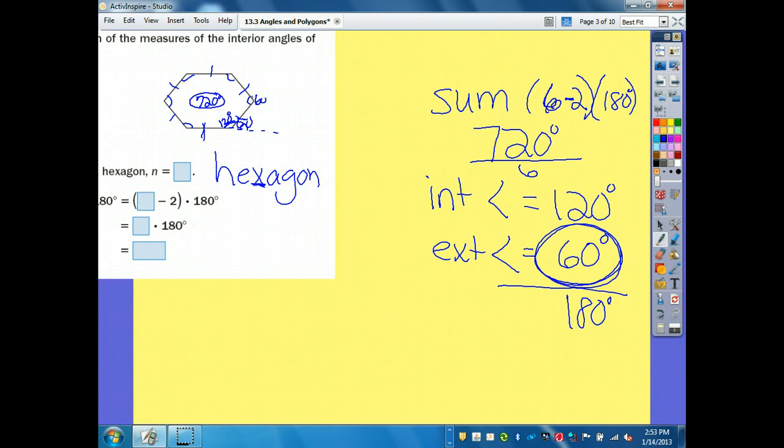What is 60 times 6? 360. No matter if you have a hexagon, a heptagon, an 18-gon, no matter what it is, your exterior angles, when all added together, have to equal 360. And if we take 60 times 6, we get 360. Another good sign we did our math right.